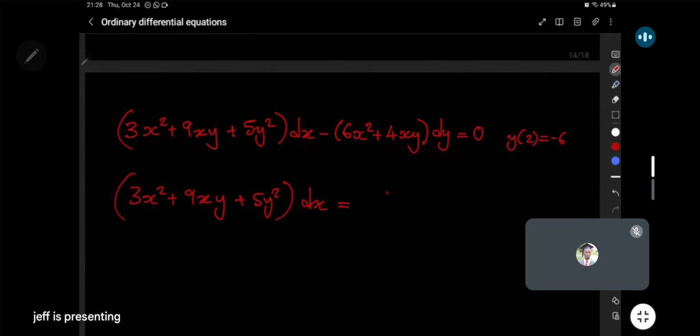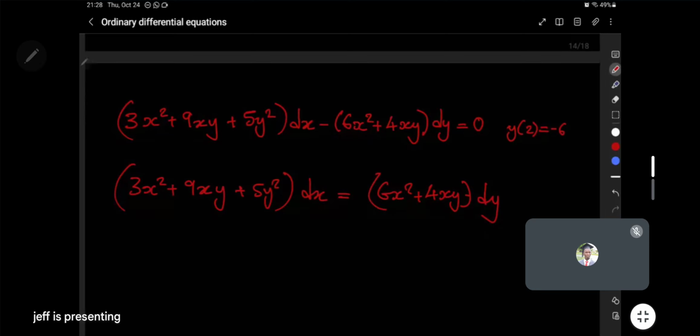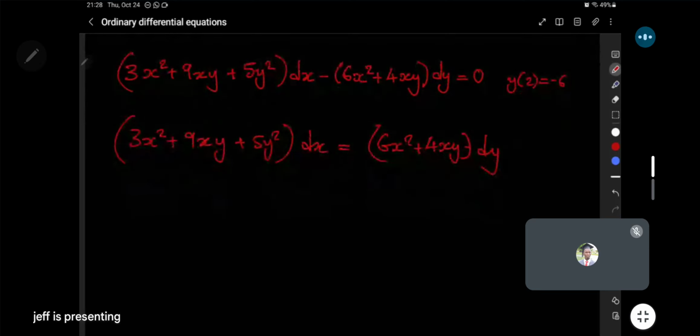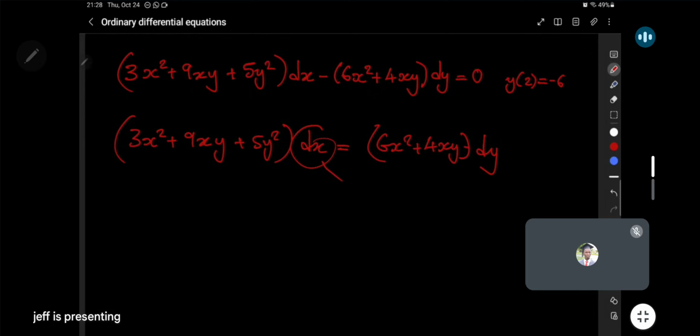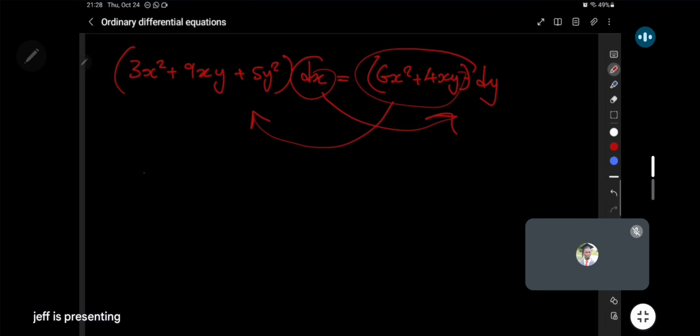and this becomes 6x squared plus 4xy dy. Then we'll take the dx to join dy and take this to join this expression on the left. Then I'll just rearrange so that I start with my dy dx.